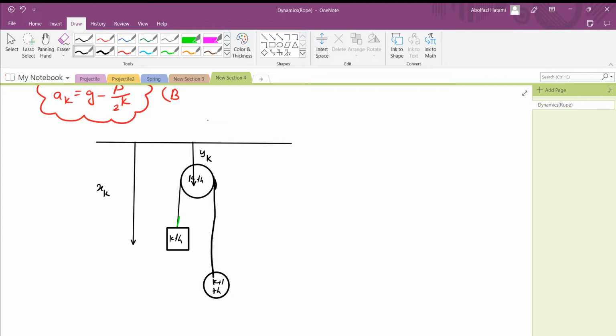Because of the fact that it's a block, I said x, and because it is a pulley, I said y, and also it is y2.